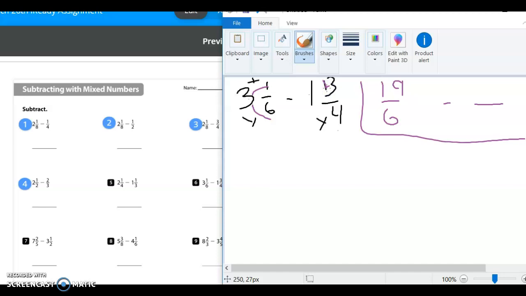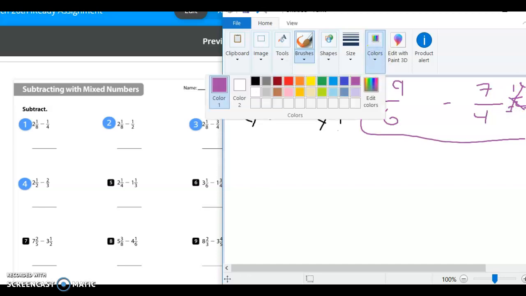So 7, and again, still over 4. Well, I need to find my common denominator right now. This is not my answer. My answer is not 12 over 2. You can't do the math at this point. So let's find our common denominator.